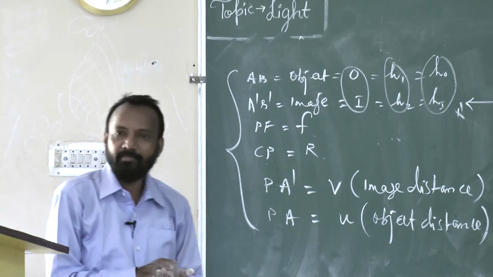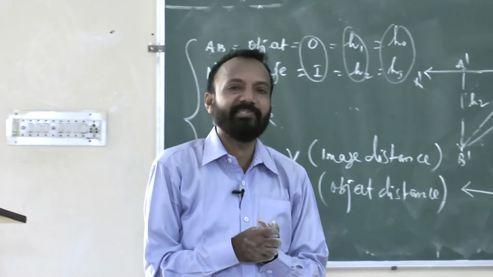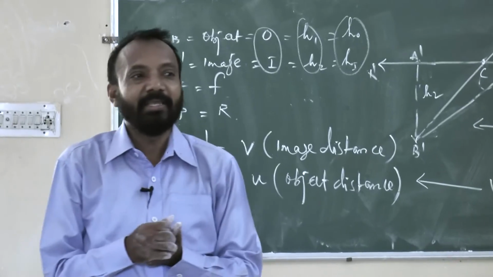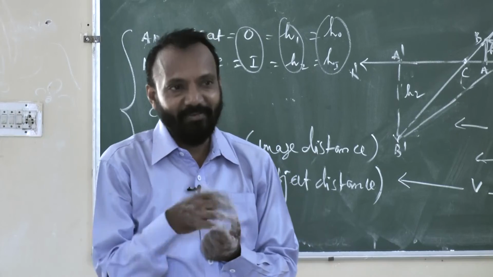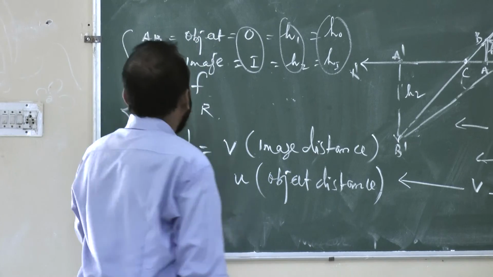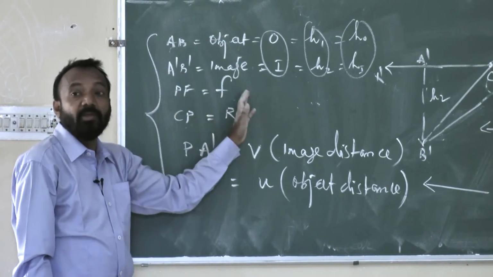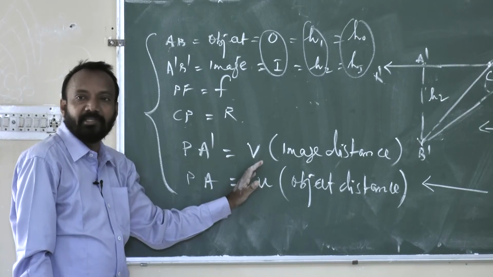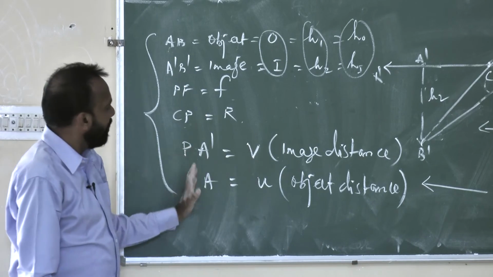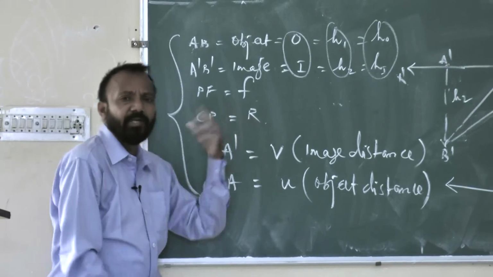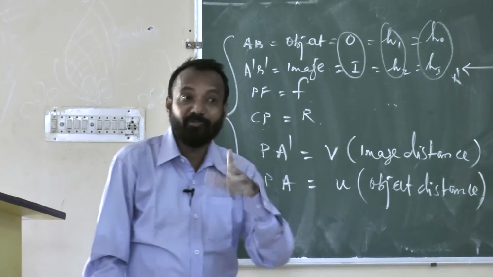Suppose you draw a diagram, wherever the position of the object may be, construct a diagram for the formation of the image and label it. That means you have to write what is the object size, image size, image distance, object distance, principal axis, everything. Write it like this, whatever I am writing, and you will get full marks.